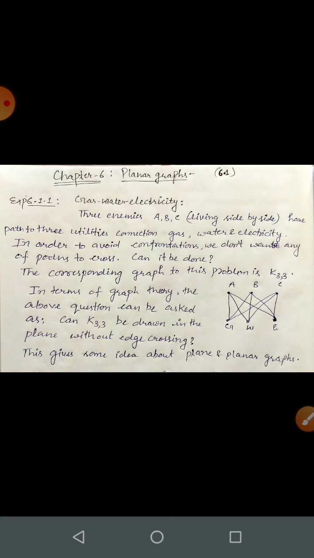How is this relevant to this topic? If any graph is planar, then it can be colored with four colors such that every vertex gets a different color from its neighbors, okay.